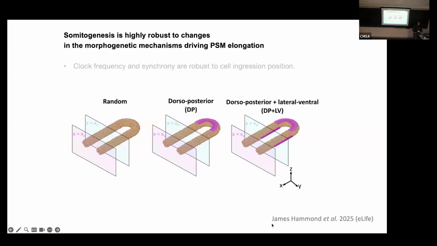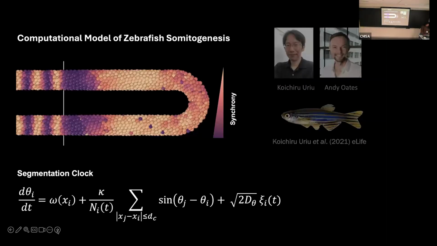And does the angular velocity in the Kuramoto model change in time as well? Yes, in this case, we don't implement that. So you mean that the velocity of the cell would be affected by?